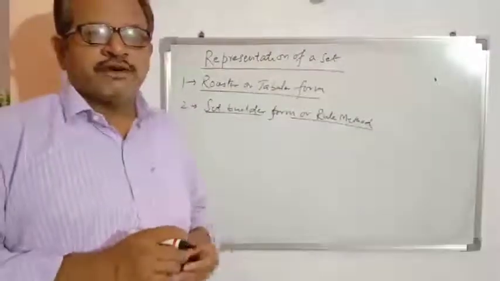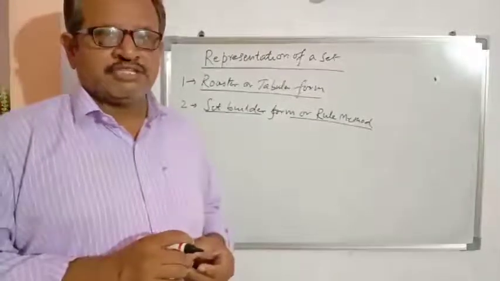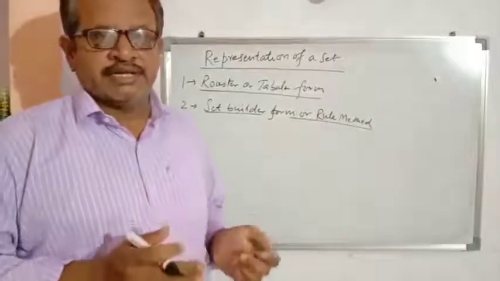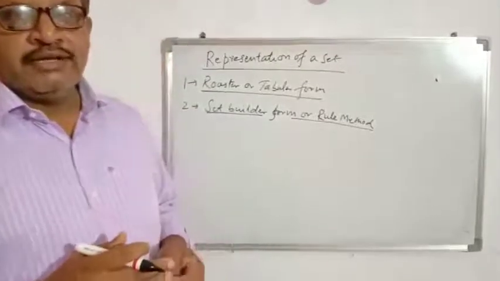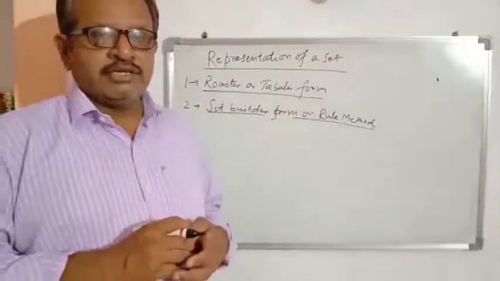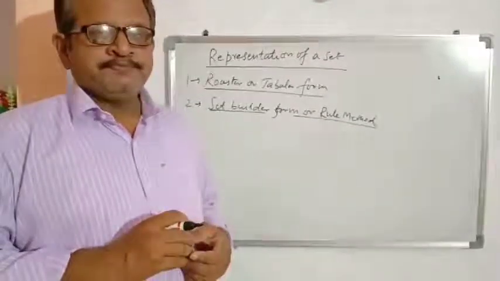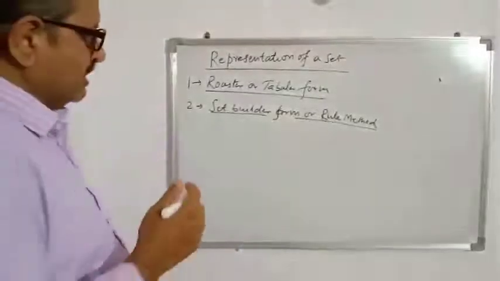In the roster form, we will list all the members, all the elements of a set in the curly brackets separated by comma. We have to write all the individual members of a particular set in a curly bracket separated by comma. See one example.